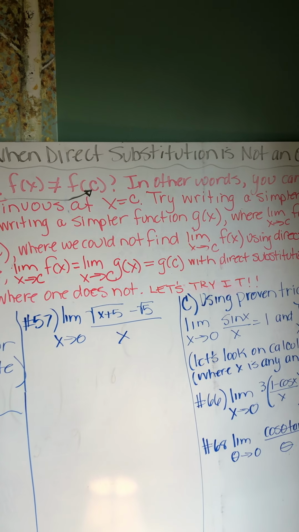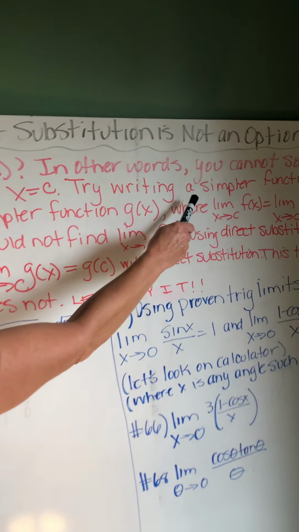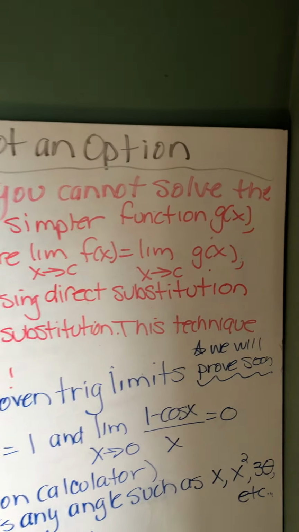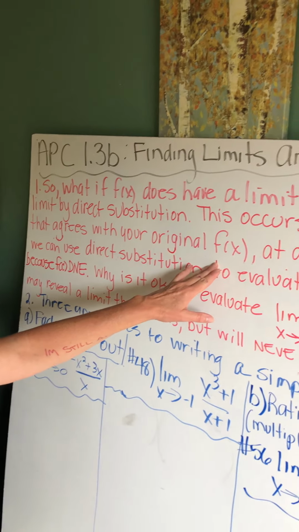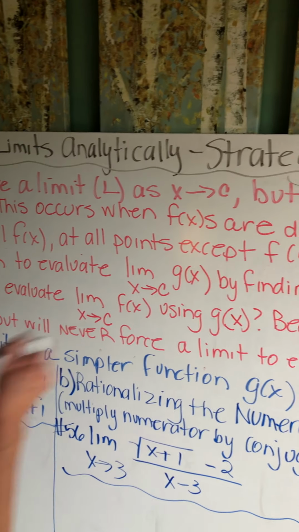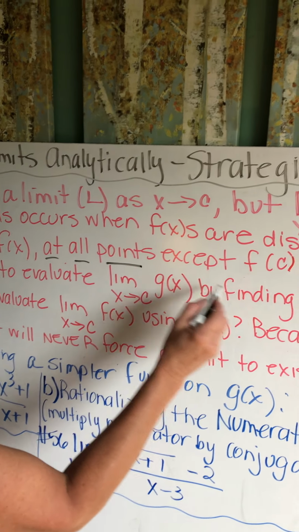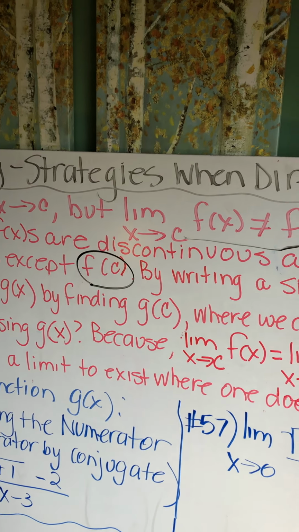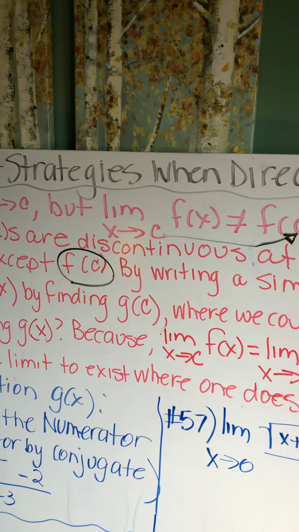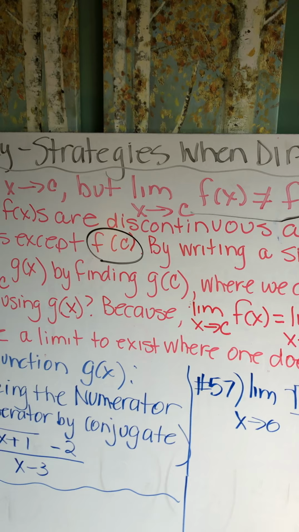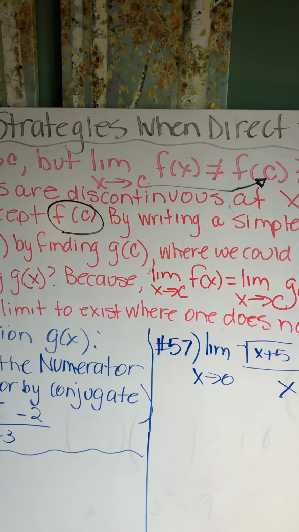So what we're going to do is try writing a simpler function. We'll call that g of x, that agrees with your original function at all points, except for f of c. And we'll talk about that. You will understand that better when we actually do some examples in blue.